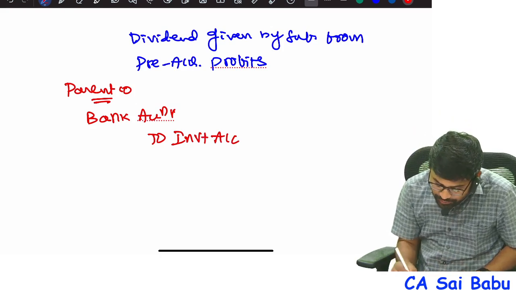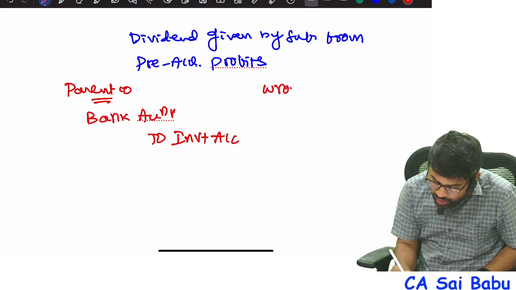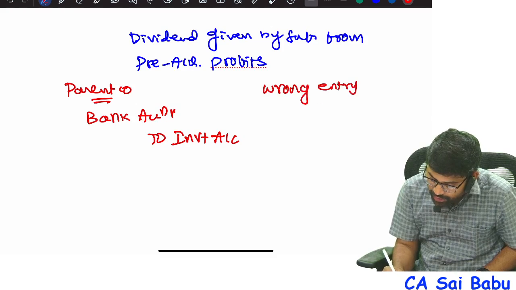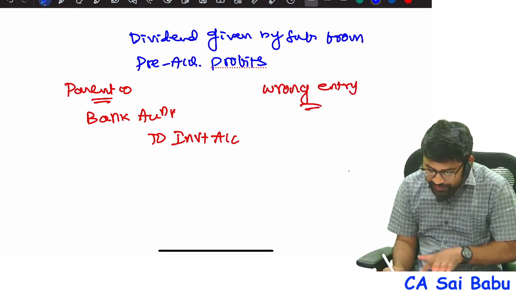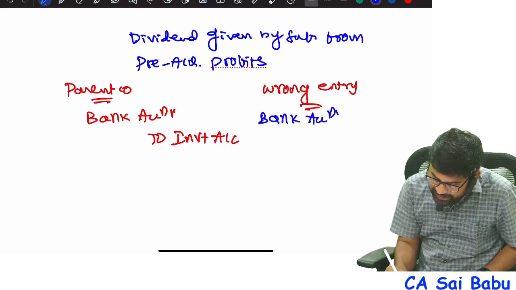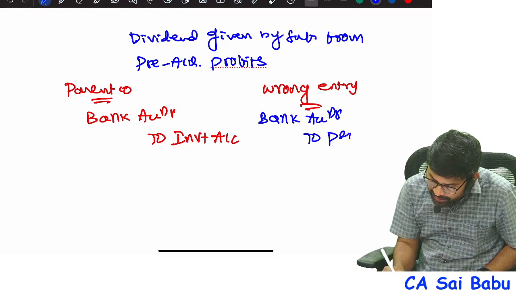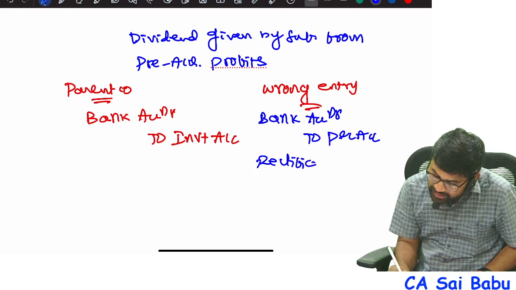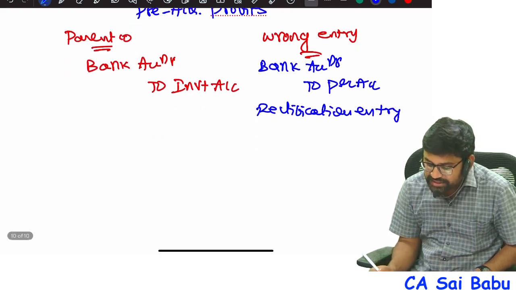But sometimes parent company will write a wrong entry. What is the entry they will write? Instead of adjusting to cost of investment, this entire dividend they credited to P&L account. Now you need to pass a rectification entry. Can you tell me what will be the rectification entry?